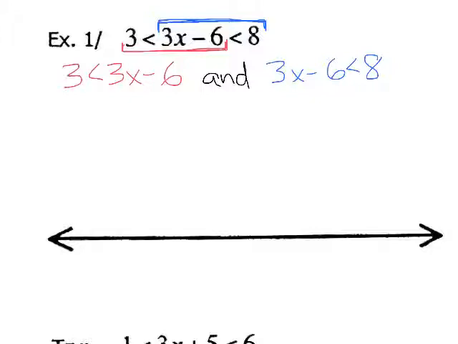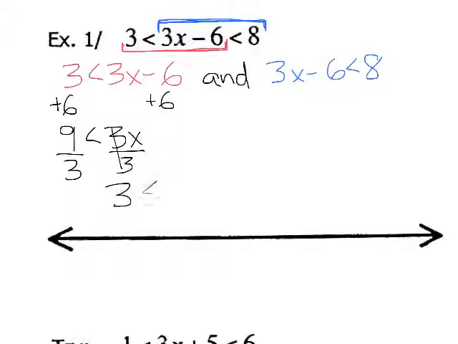And this is the part we should already know. So I'm going to do this kind of quickly, okay? So I add 6. So I'm just focusing on the left one first. So I have 9 is less than 3x. Divide by 3 on both sides. And I get 3 is less than x. Bring down your and. And now let's solve the other one. So plus 6.